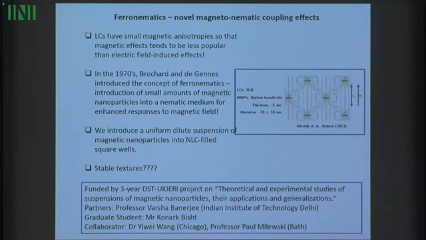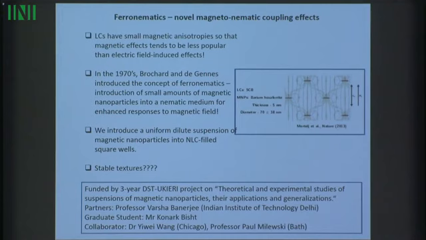But in terms of what we're actually doing, so as far as we understand, this is not my main field of expertise, but nematic liquid crystals have a much stronger response to external electric fields than they do to external magnetic fields. And in the 1970s, Brochard and de Gennes proposed that if you add magnetic nanoparticles to a nematic liquid crystal, you might potentially get a much stronger enhanced response to external magnetic fields.